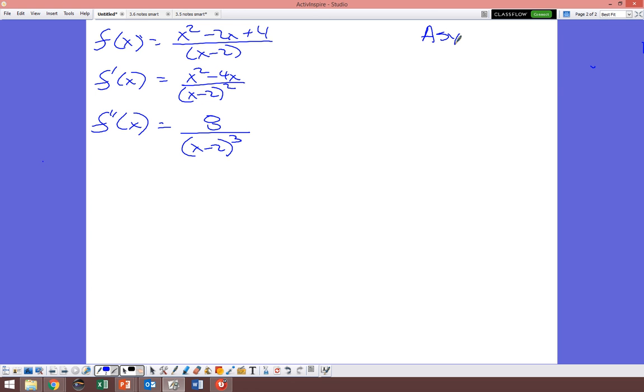My asymptote is going to be, let's say, x equals 2 and y equals. How do we do it? Top or the bottom? Top over the bottom. So what were the coefficients?